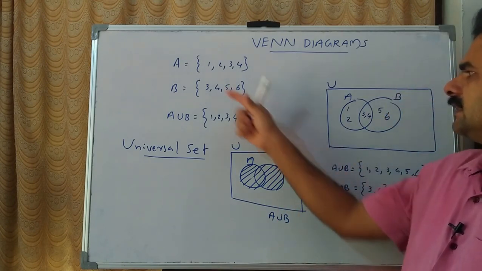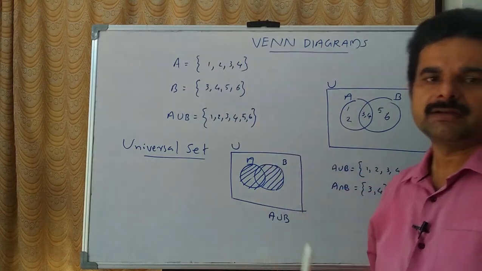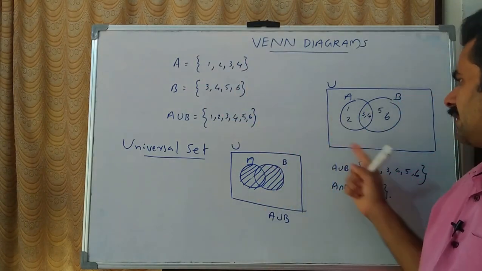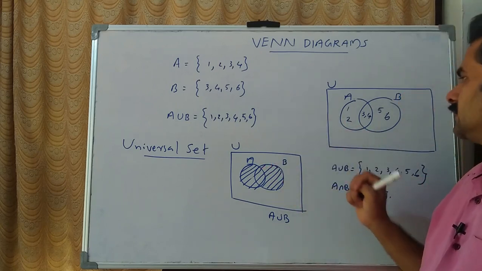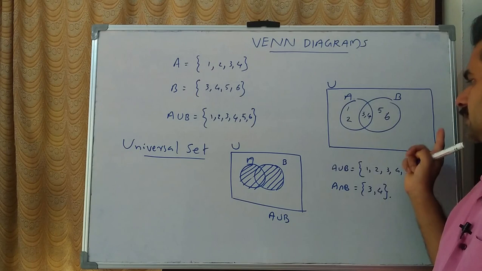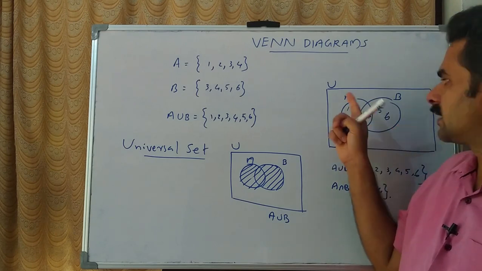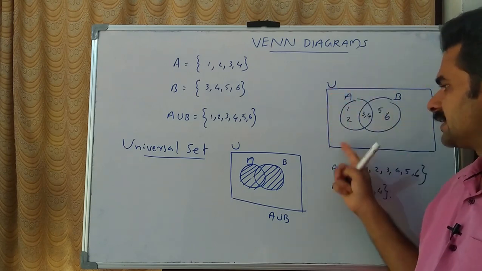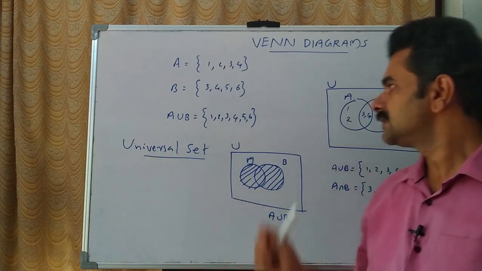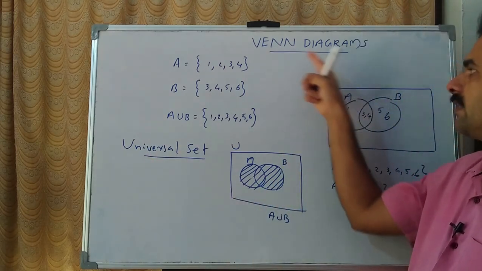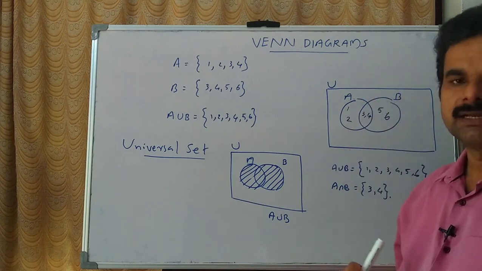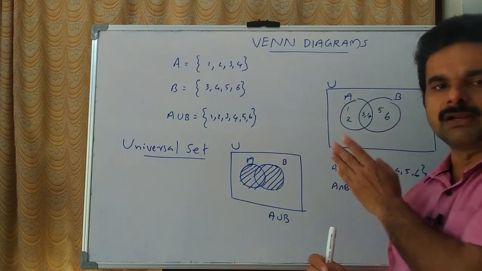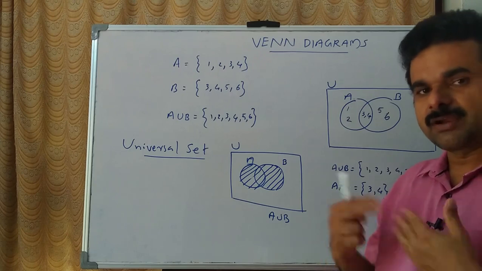Once again, A and B are given, and by using a Venn diagram, we can represent their union as well as intersection. To represent the union of sets, first we draw a rectangular box and name it the universal set. For every question under Venn diagrams, this box will represent the universal set. Inside the universal set, we draw the required number of sets.